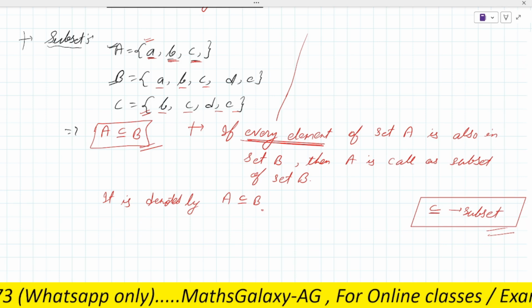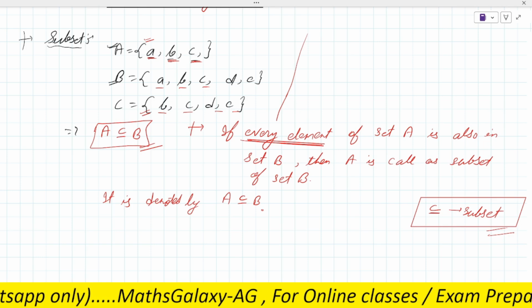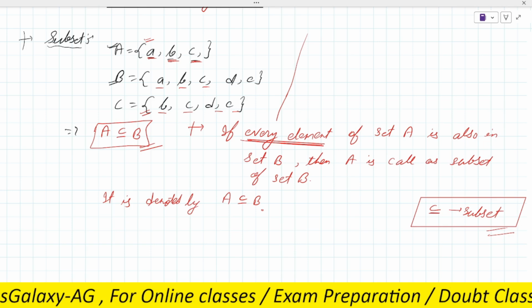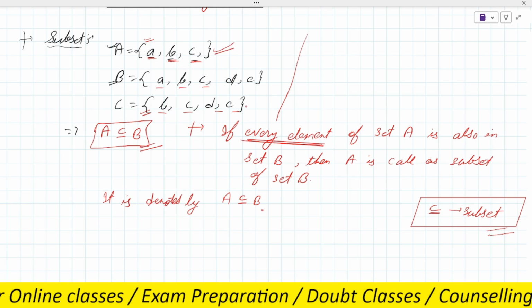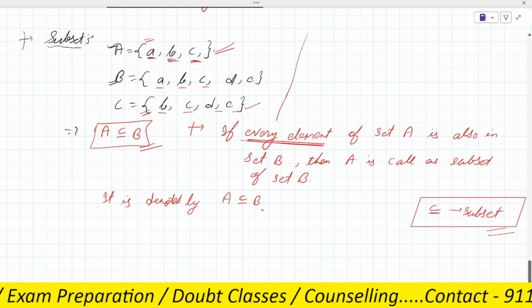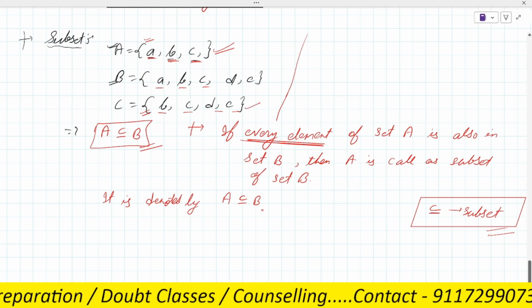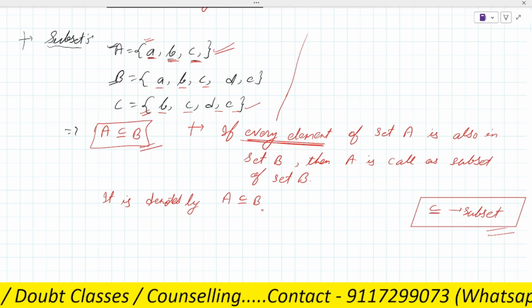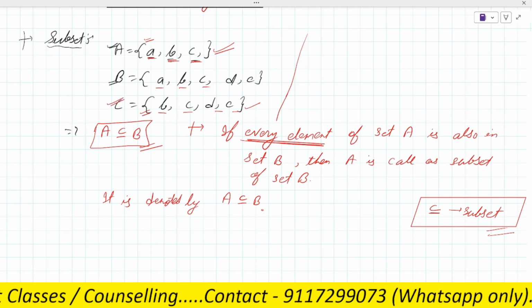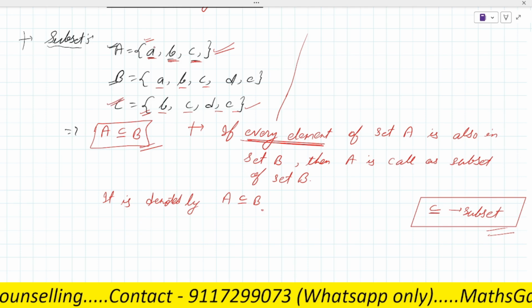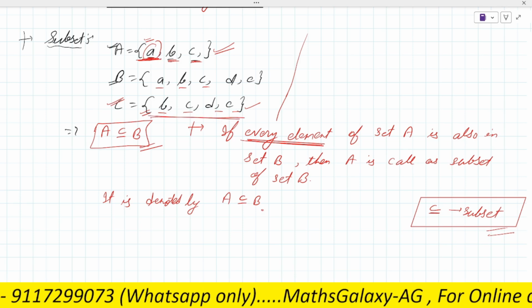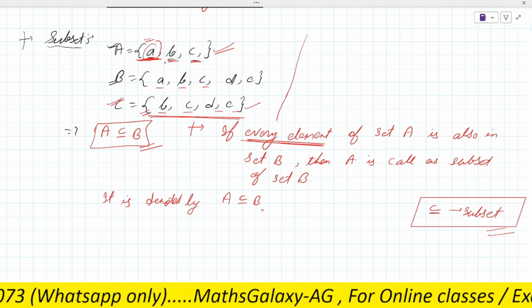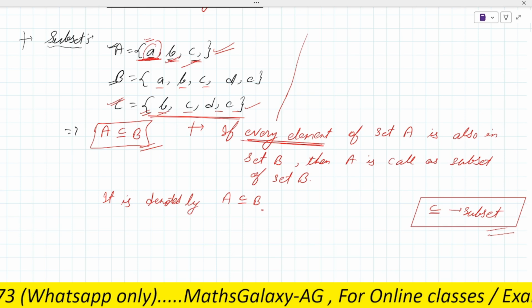A is not in set C. The B and C are in set C, but A is not in set C.